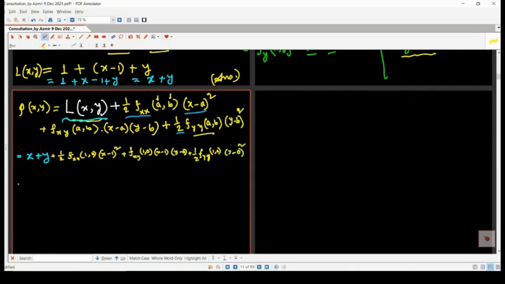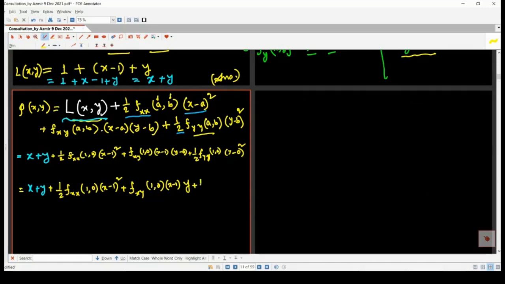So q equals x plus y plus 1 by 2 f sub xx 1 comma 0 x minus 1 squared plus f sub xy 1 comma 0 x minus 1 y minus 0 is y. That's why I have written again this one, because you need to simplify always.